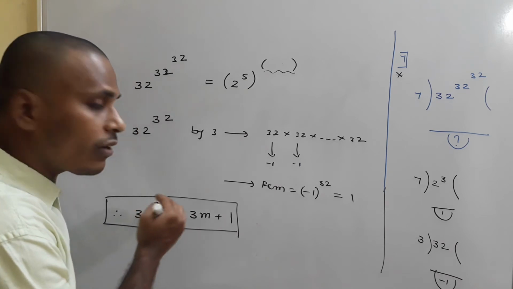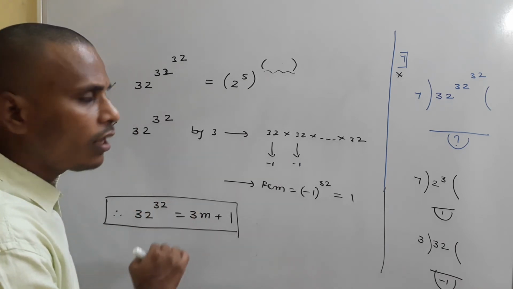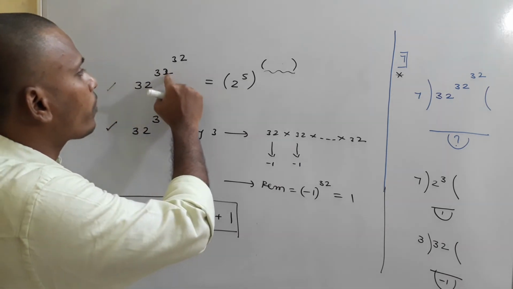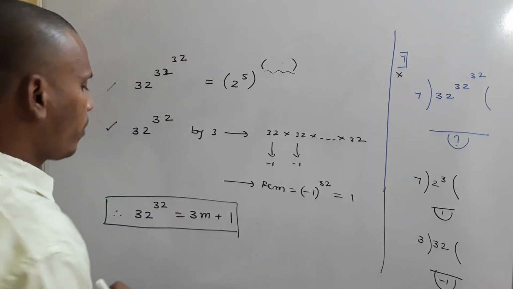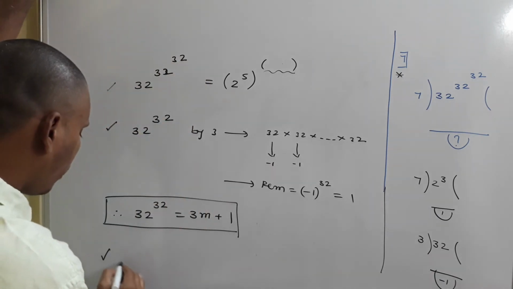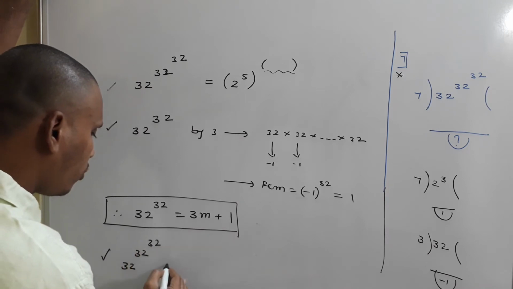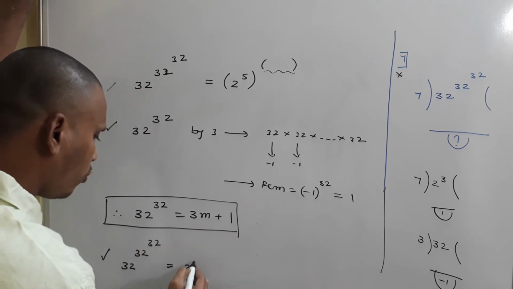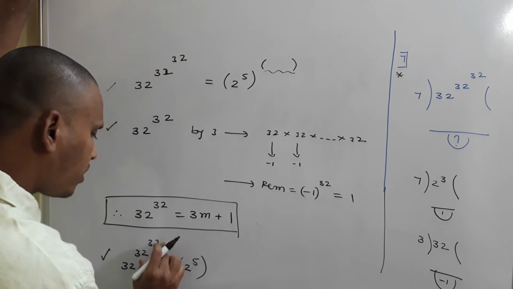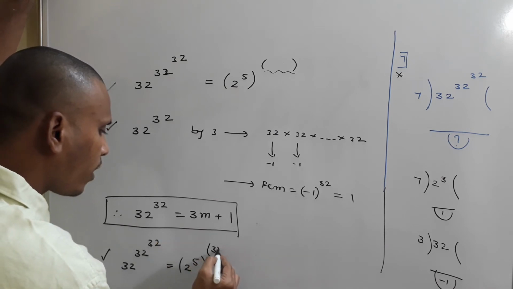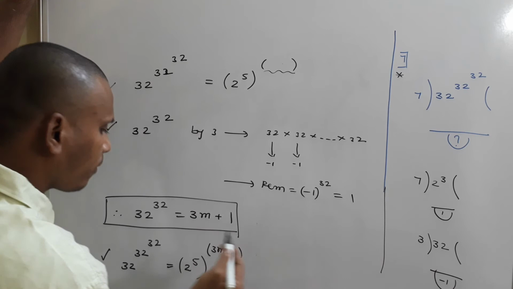Since 32 power 32 is 3 multiple plus 1, you just think about 32 power 32 power 32. Okay, so what I do now: 32 power 32 power 32 is equal to base 32, which is 2 power 5, and this 32 power 32 is 3 multiple plus 1.